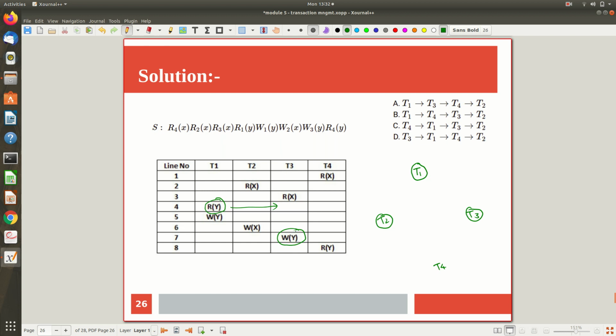I can say that transaction 1 and transaction 3 are conflicting on a data item. Let me use a different color for the explanation. This R of Y and W of Y are going to conflict with each other. So accordingly, I can draw an edge.